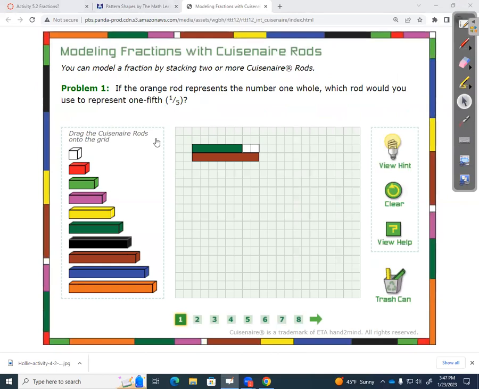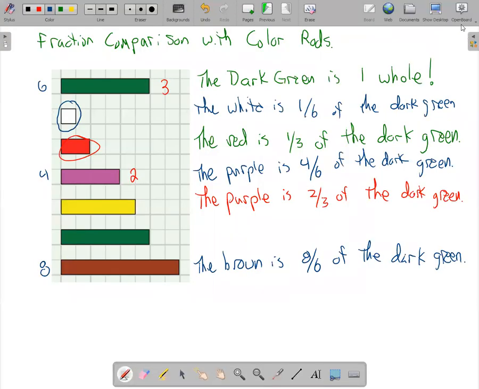So since I have 2 right there, I'm wondering if the red would work out nice. So I'm going to drag the red over underneath this time. So how many reds do I need? Okay, so I already knew there were 3 for the green, and it looks like 1 more makes the brown. So using the red shape, I can make another comparison. So here I found there were 1, 2, 3, 4 of them.